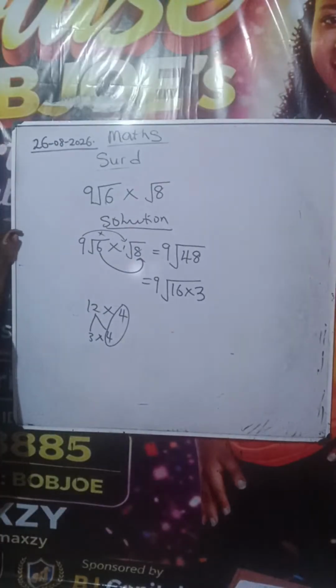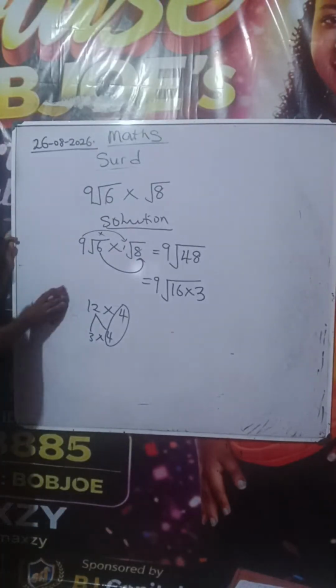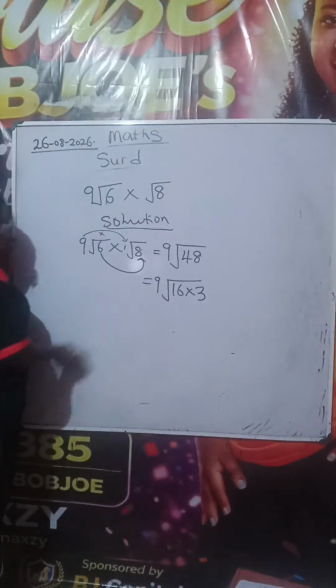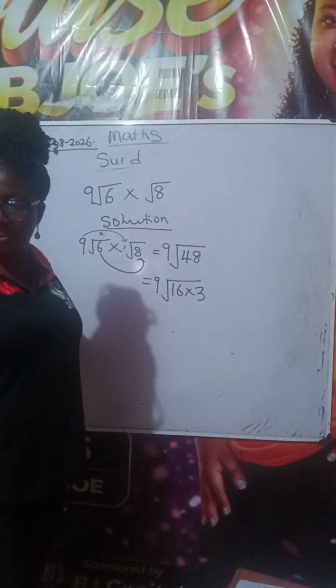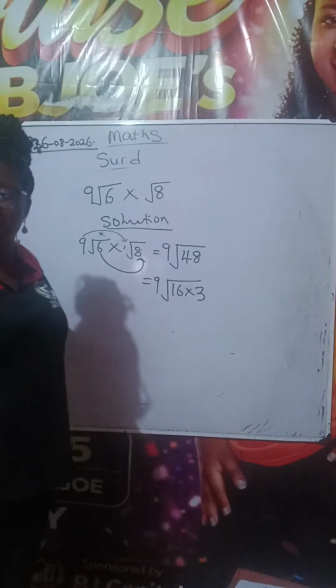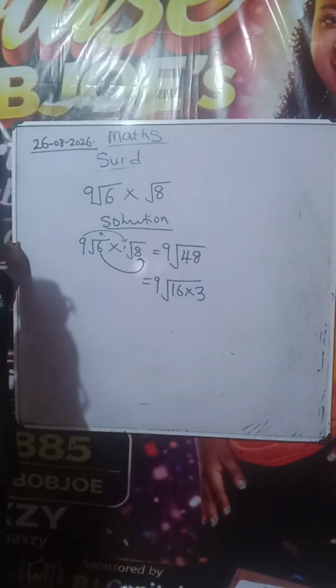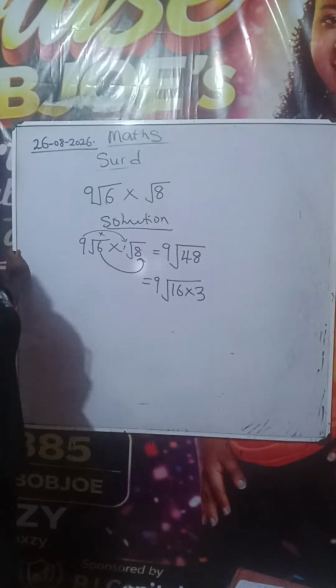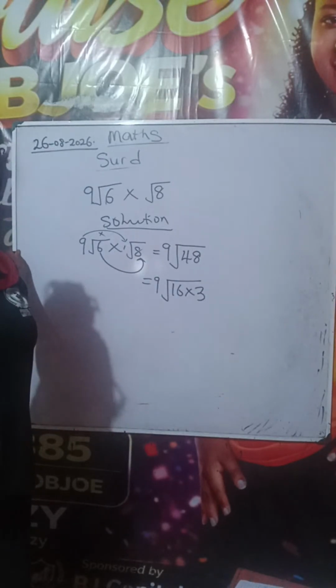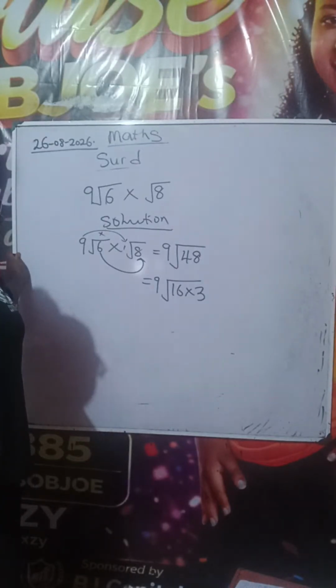Did you understand it? Yes, it's 16. 16 times 3. Are we confused? Please, how did you get the 12? No, no. We are just asking what number multiplied will give us 48.